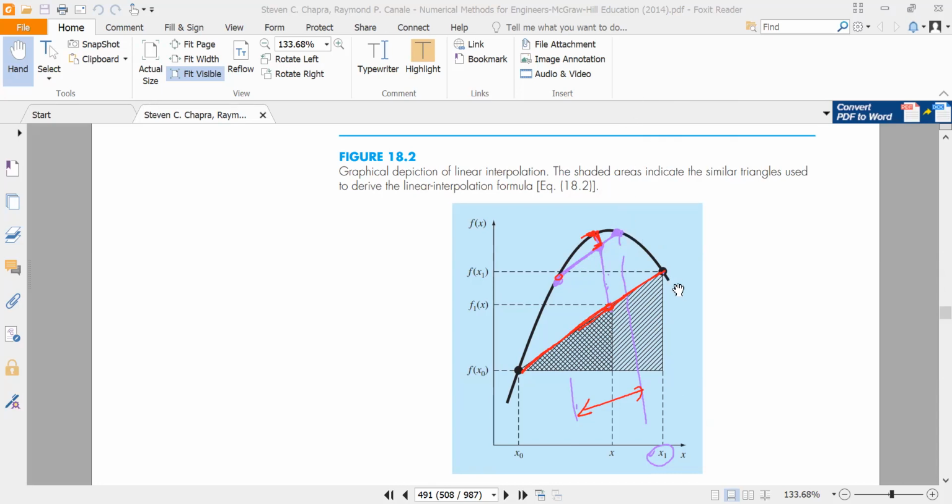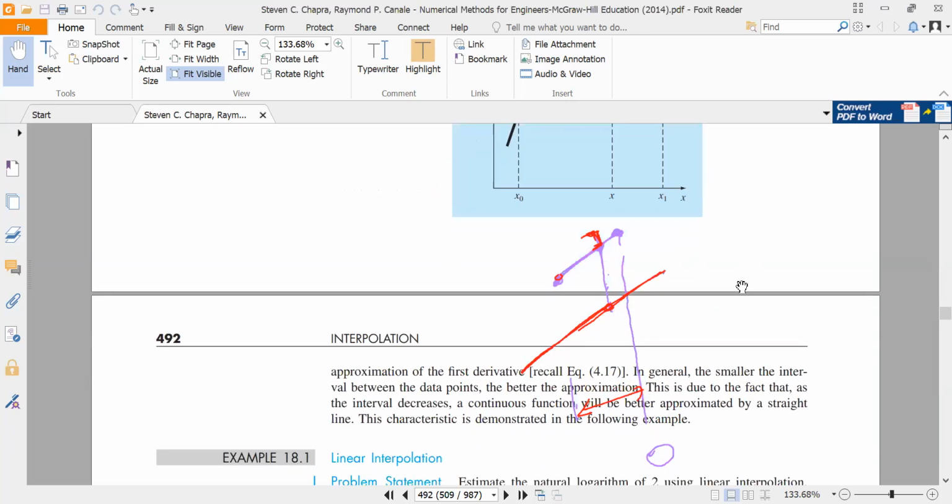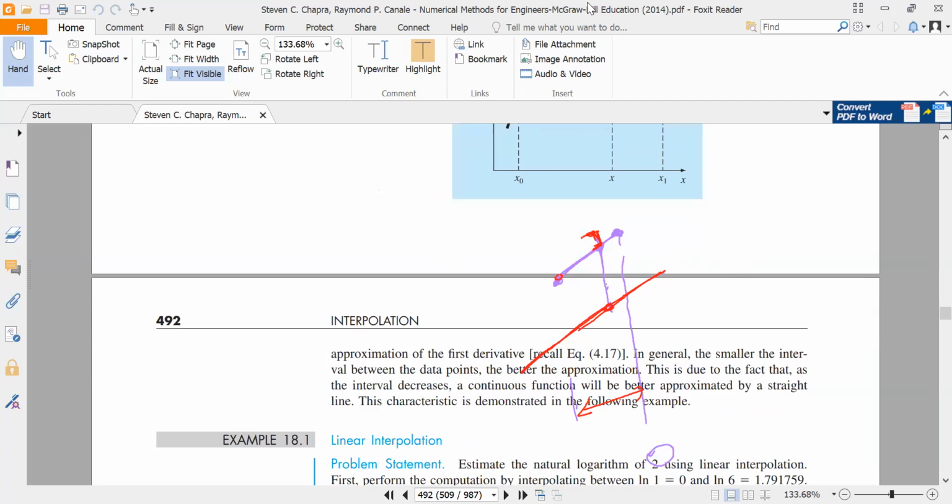The example was you have to predict the value of log x at x equal to 2. The true value will be known to you. Then you change the value of x1 and explore how your results are improving with the choice of x1.